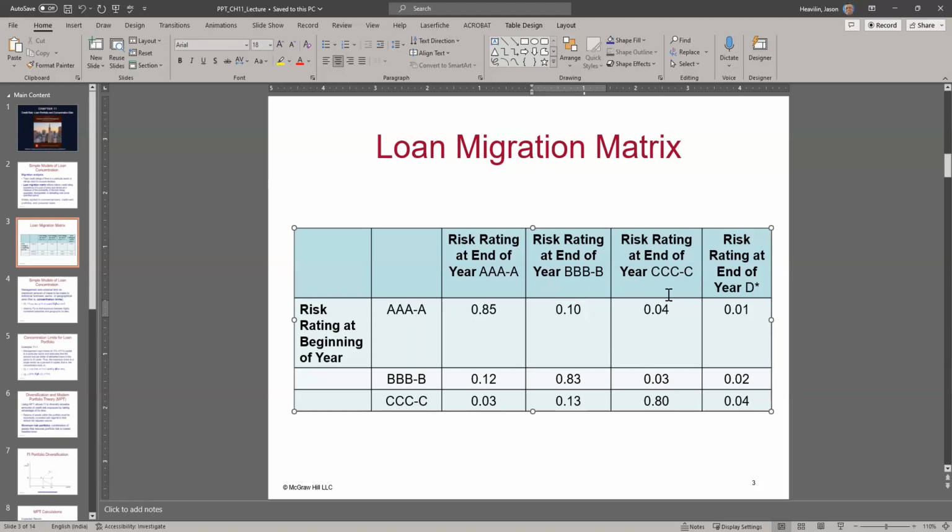Going from A all the way down to one of the C ones, you're looking at 0.04 or 4%. And going all the way to a D, there's about a 1% chance. So it's very unlikely, but it still could happen.